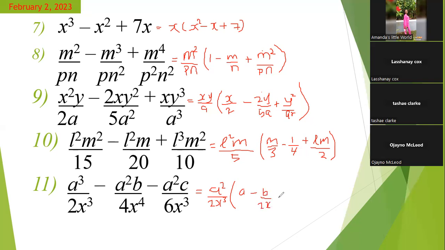All right, continue. A square into A square, nothing. And that leaves us with C over 3x. Would it be 3x? Yes, sir. You want to check that again?